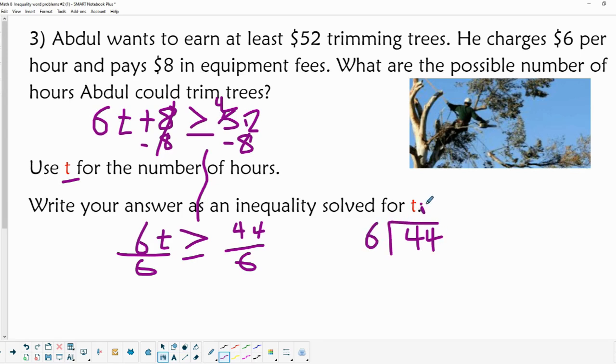So I know that 6 times 7 is 42. That's one I learned from my times tables. Bring down that 4 minus 2, you get 2. 6 will go into 20 3 times, and that'll give us 3 times 6, which is 18.